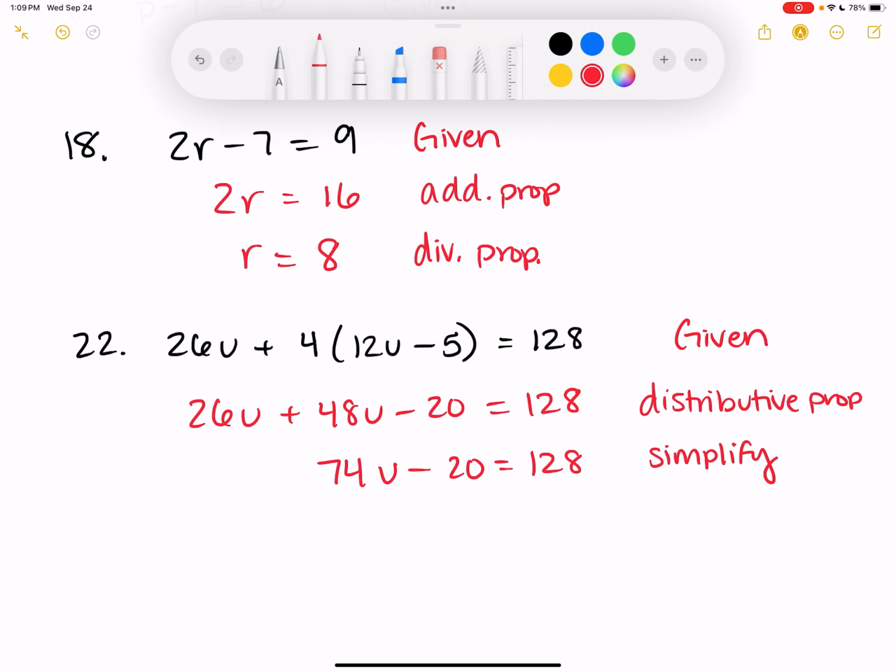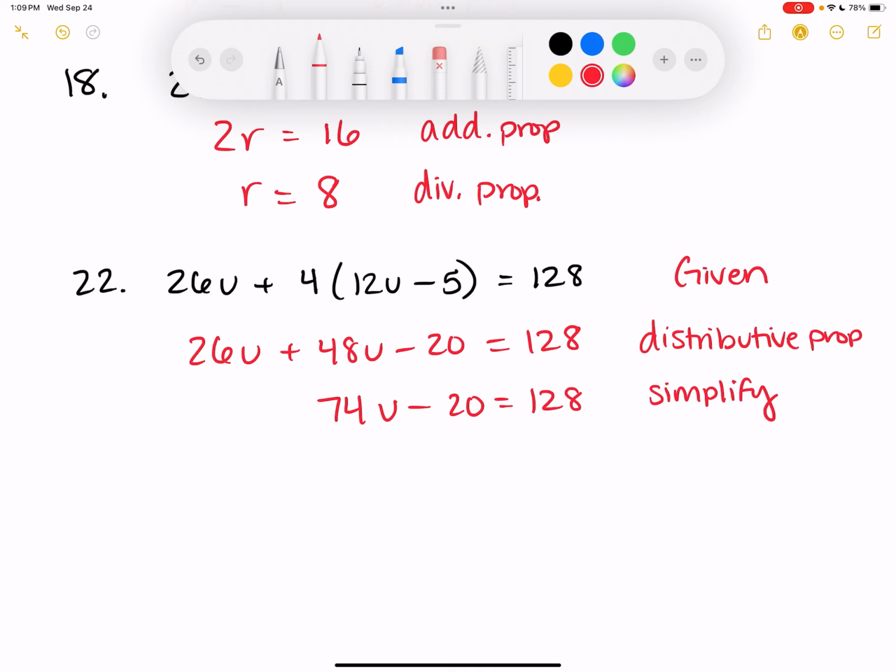Then what? Add 20 to 128. Yep, so I have 74u equals 148, and I can do that by the addition property. And then what's the last thing I need to do? Divide. Yep, so I get u is equal to 2 by the division property.